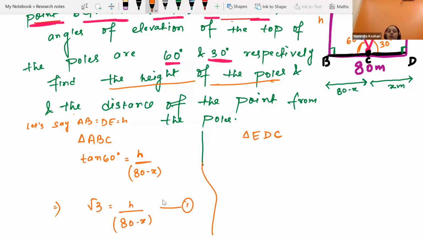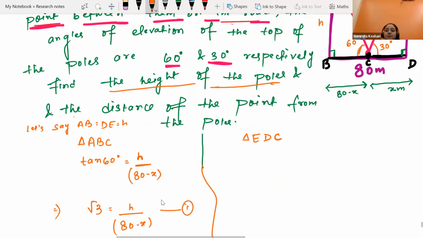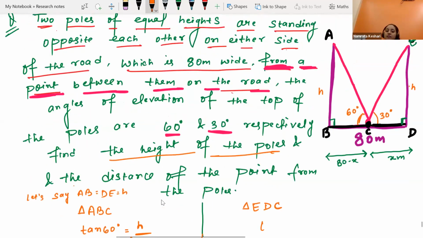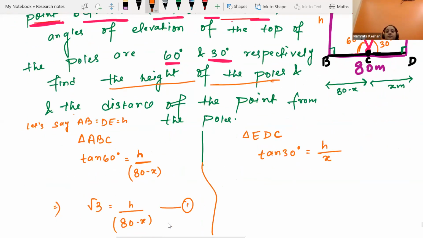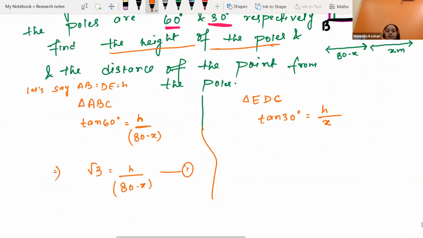Now in triangle EDC, tan 30 is equal to opposite over adjacent. Opposite is H, adjacent is just X, right? Yes. Tan 30-degree value is 1 by root 3, is equal to H over X. This is equation number 2.